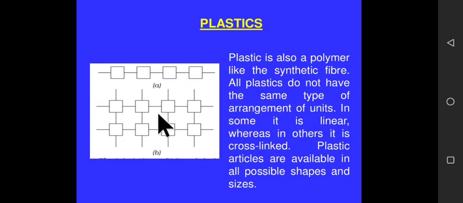Plastic articles are available in all possible shapes and sizes. And students, if you realize, there are many articles in our homes that are made up of plastics.